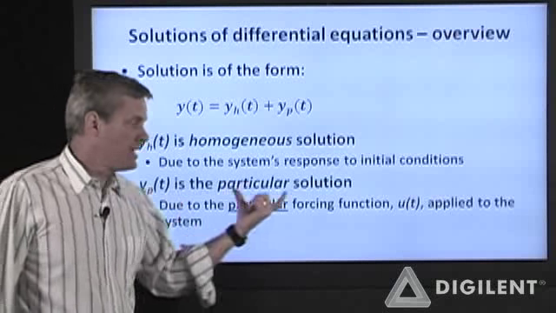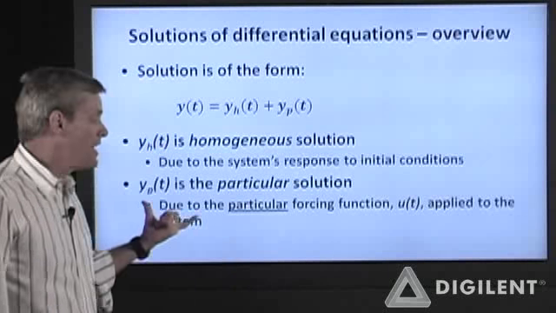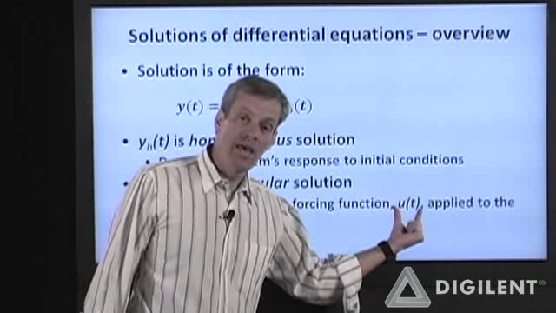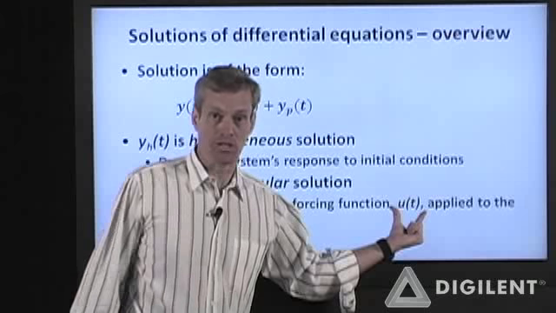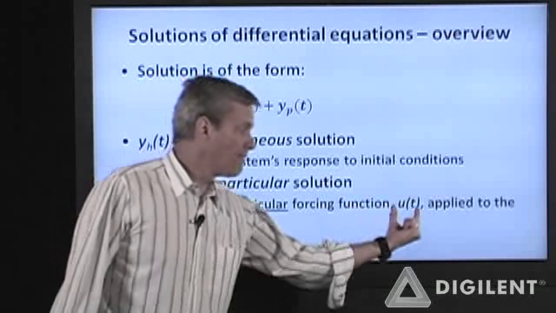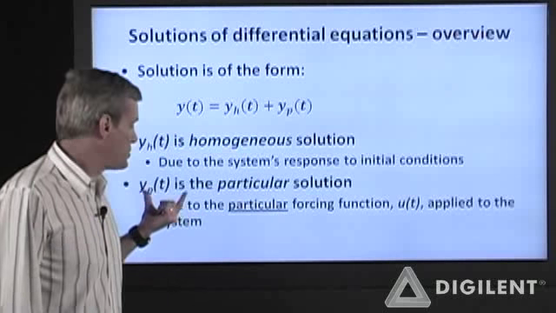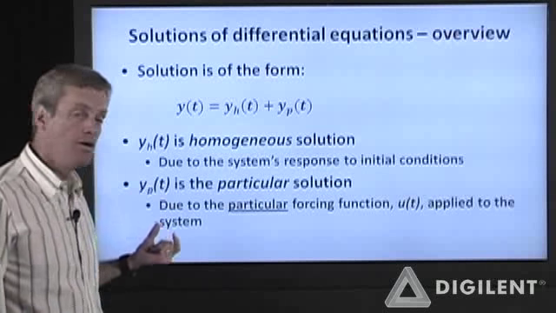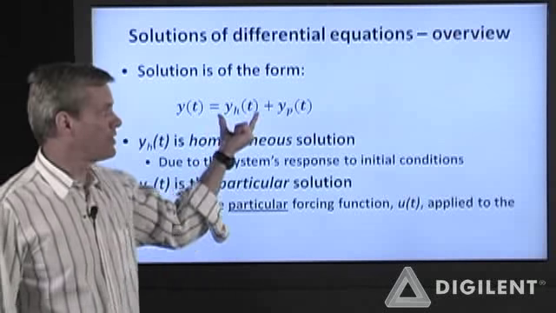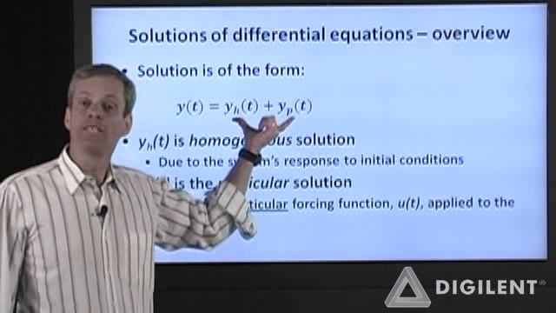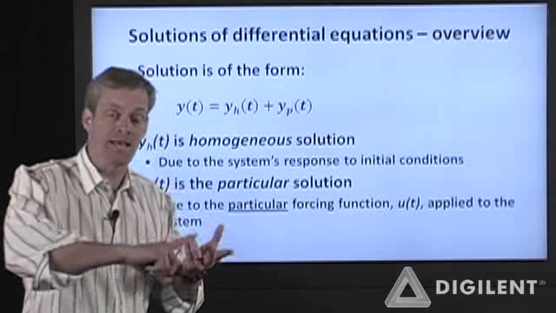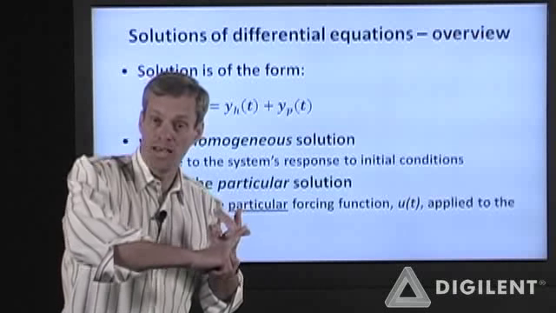Y sub p of t, the particular solution, is due to the particular forcing function. U of t can be any function. Whatever it is, it is going to affect your solution, and it affects the solution through the particular solution. So essentially we've decomposed our solution into two parts, then we sum those up: the part of the solution that's due to the current state and the part of the solution that's due to the input.